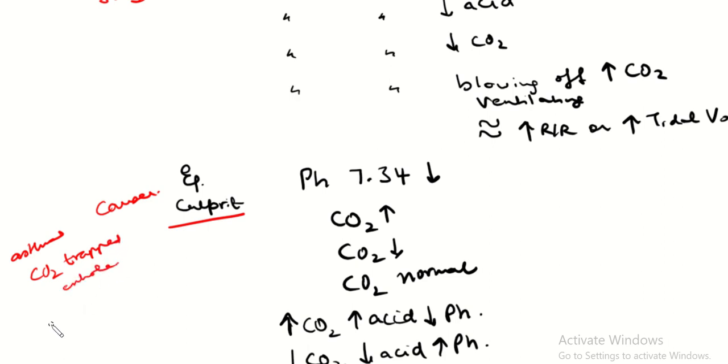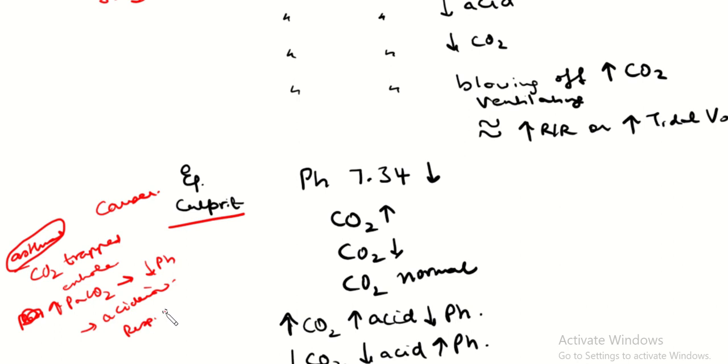Here, it is actually my lung disease that is not doing a good job, and I am having high PaCO2 because of my disease, which is causing what? Low pH, which is contributing to my acidemia. So respiratory acidosis is contributing to my acidemia. So here, this is the cause.